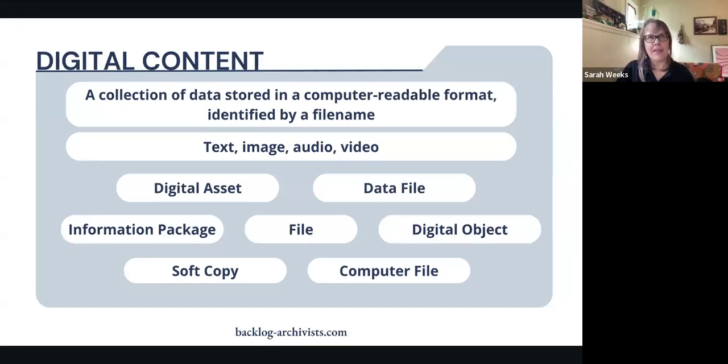Those things can have some differences, but for the purposes of this webinar, from the perspective of digital preservation and how to run Fixity on them, they're all kind of the same thing. A digital object is not some fancy thing. It's just a file. These are all different ways of saying file. Whether it's text, image, audio, or video, they're all a bunch of data stored in a place identified by a name. Next slide, please.